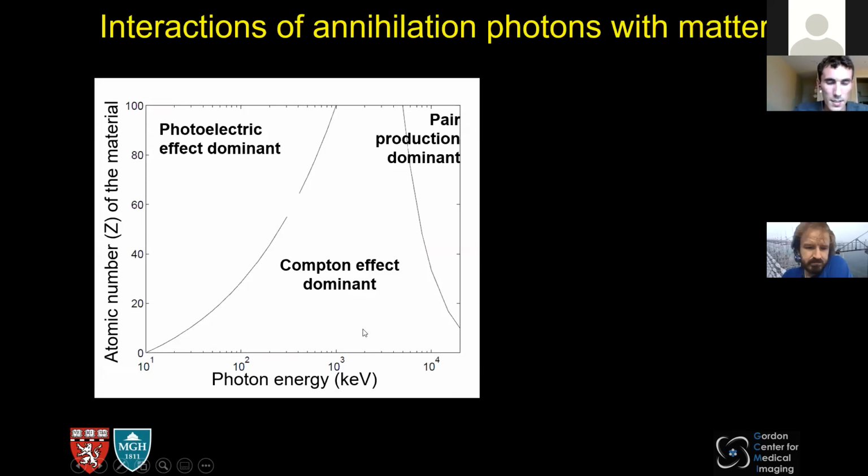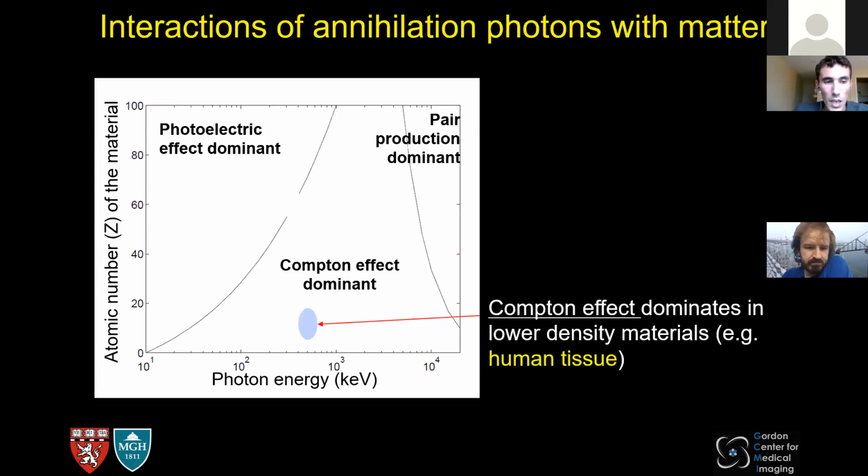So you can see that, as we said, annihilation photons have a 511 keV energy. And here, if you look at lower density materials, such as human tissue, so a Z between 8 and 20, so 8 for soft tissue, 20 for bones, basically, the Compton effect is going to be the dominant type of interaction between photons and human tissue, okay?